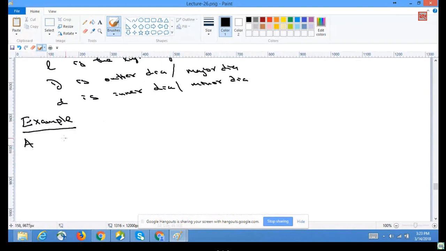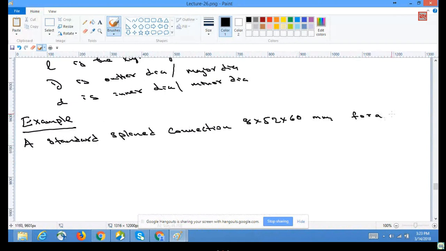Consider a standard spline connection of 8 cross 52 cross 60 mm for a gear shaft assembly for a gearbox.